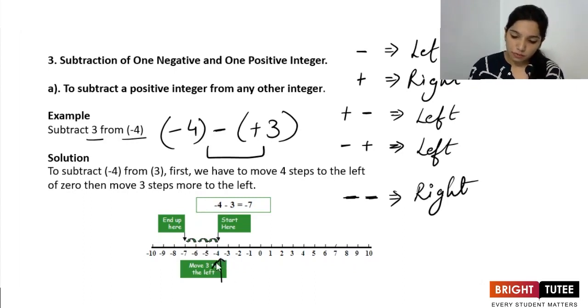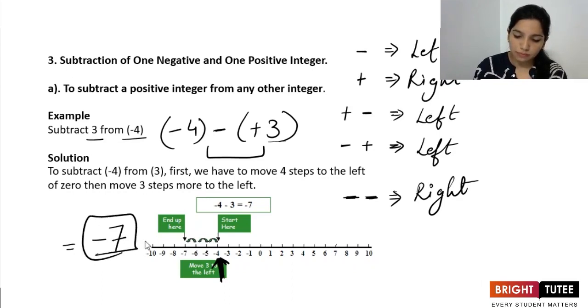Starting from minus 4, that is from here, we started to move from minus 4. It says minus sign. So which direction? To the left. Then we see a plus sign. Is it going to bring any interruption? No. We are going to move to the left. How many steps? 3 steps. So 1, 2, 3 and we are good at minus 7. I hope this makes more sense now.